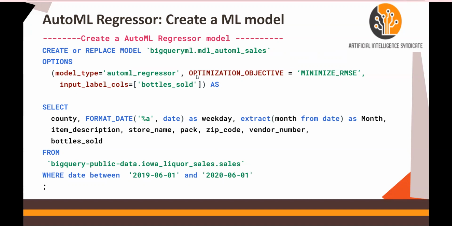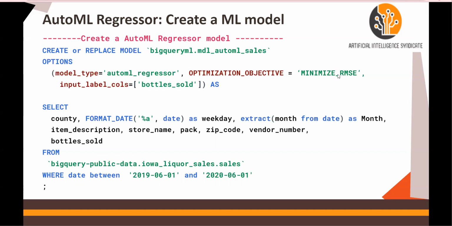There is a new hyperparameter, optimization objective, which tells you what we are trying to achieve. What is the objective for this model? For optimization purposes, here we are using minimize RMSE. You can also use minimize loss, or you can also use minimize mean absolute error and other parameters.